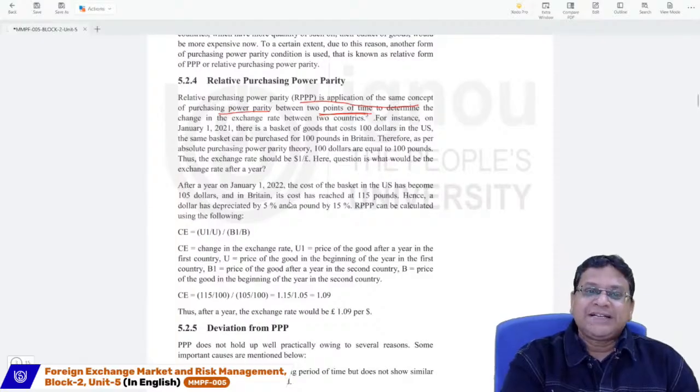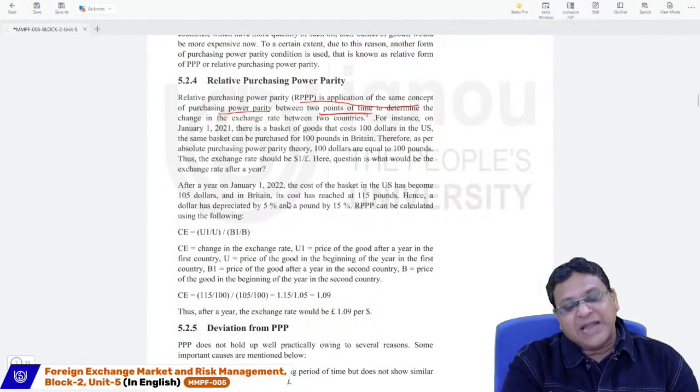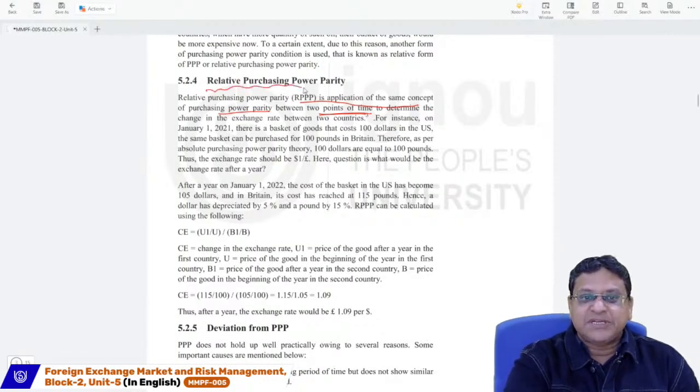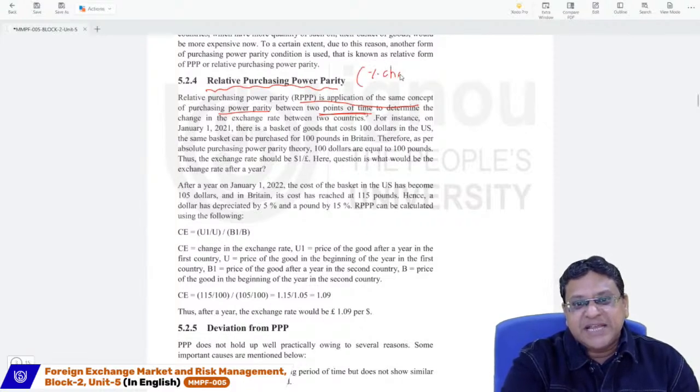It tells that within 2 time frames, the change in the exchange rate will be equal to the change in the price level. Relative purchasing power parity theory tells that the percentage change in exchange rate must be equal to the percentage change in price level, or inflation.